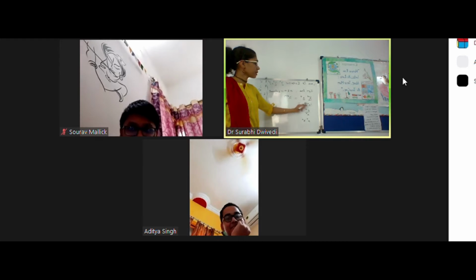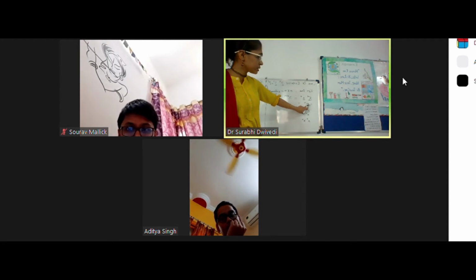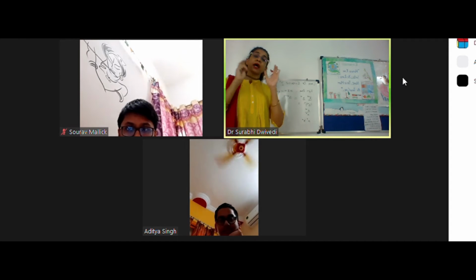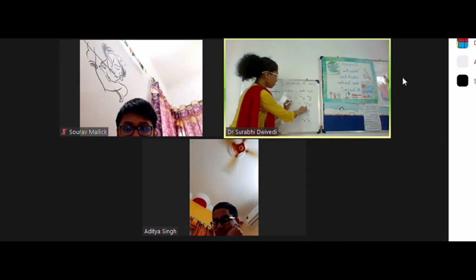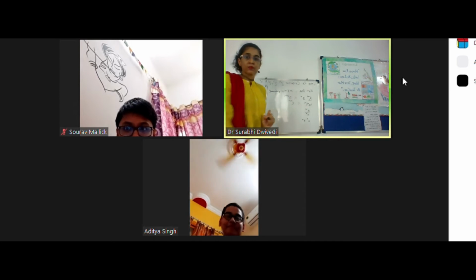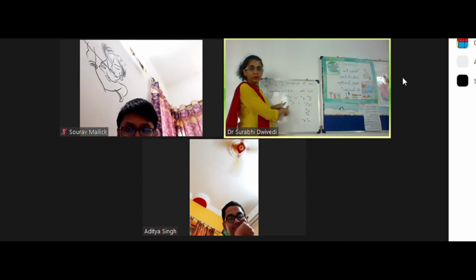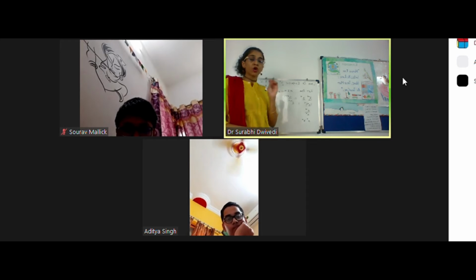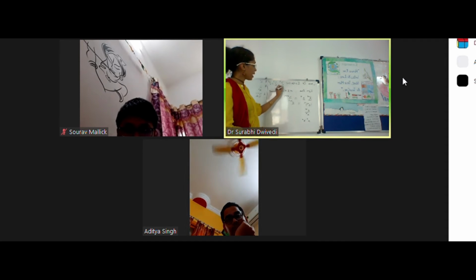Again, if there is a base and we are having two exponents, one inside the bracket and one outside the bracket, then the two exponents can be multiplied with each other. So the answer is A to the power M dot N. So if this is clear, A to the power M cross N, then answer my question: 2 to the power minus 3 in bracket to the power 2.